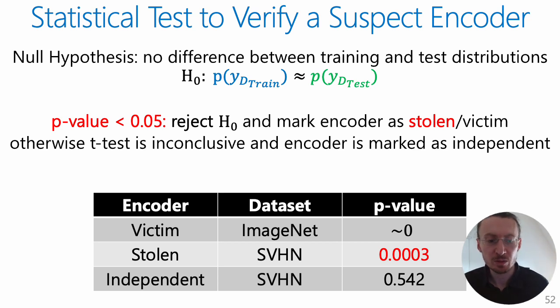So we can never accuse somebody that this encoder was stolen, even though the given party trained the encoder independently, meaning on their own, using their own data. And what is also very important here is that for the victim encoder, this is the sanity check. If we also compute this p-value, the p-value is almost 0, which means that indeed this encoder was trained on the train set.